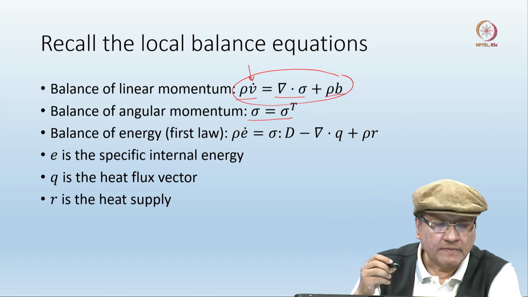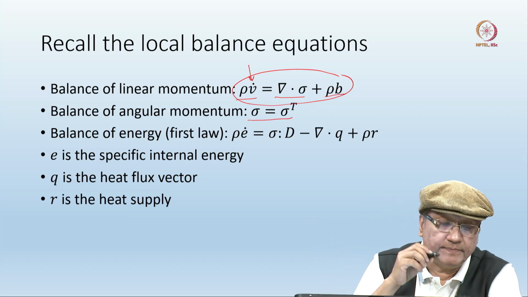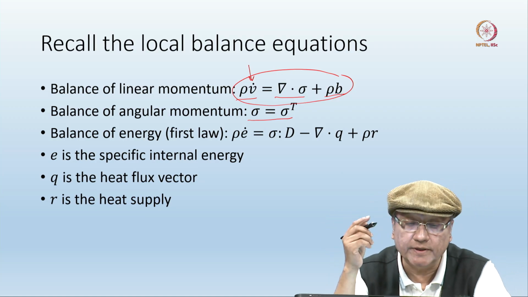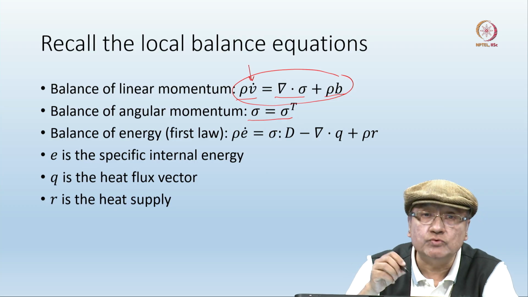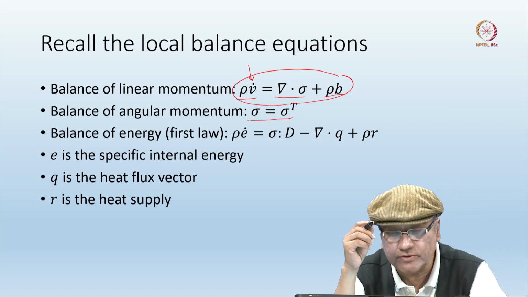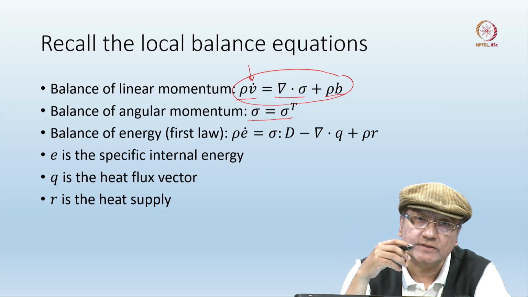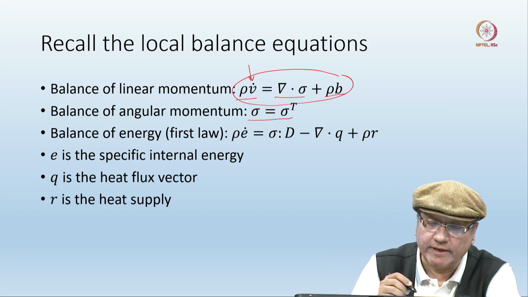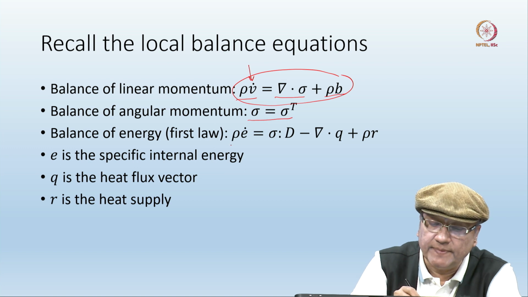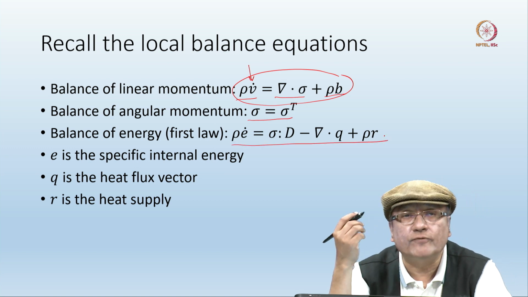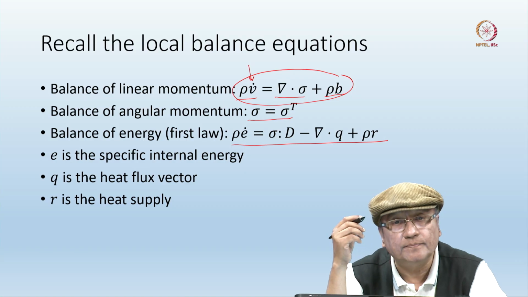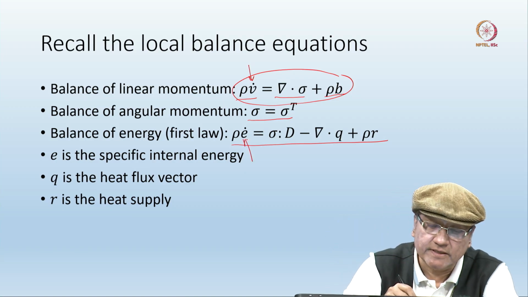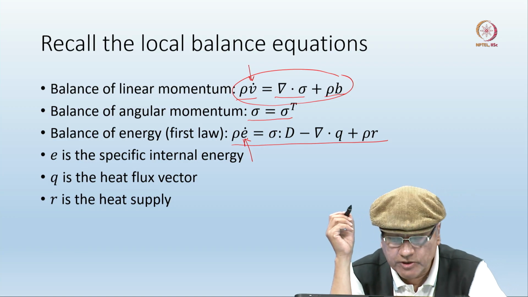Now the balance of energy, which is the first law of thermodynamics, also plays a role, because when we make that connection between stress and strain or stress and strain rate, etc., we have to satisfy the first two laws of thermodynamics. The first law is simply in the form of a statement of balance of power, where E is the specific internal energy.